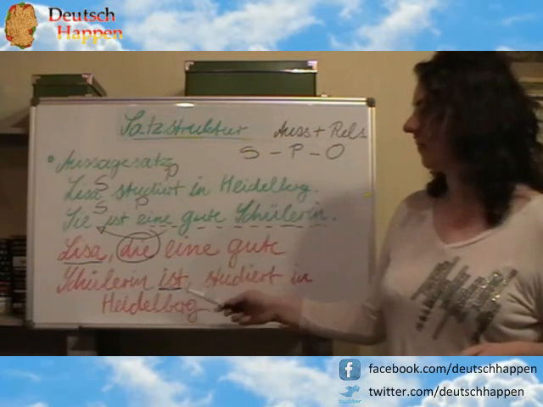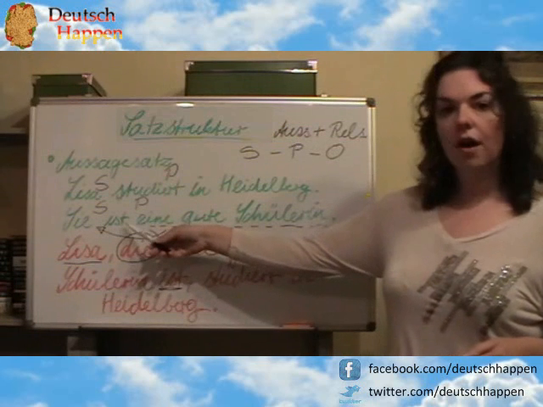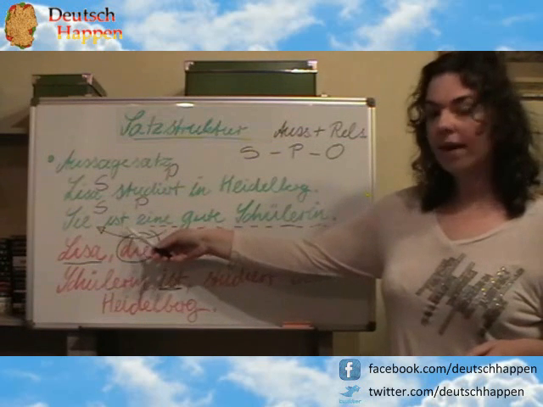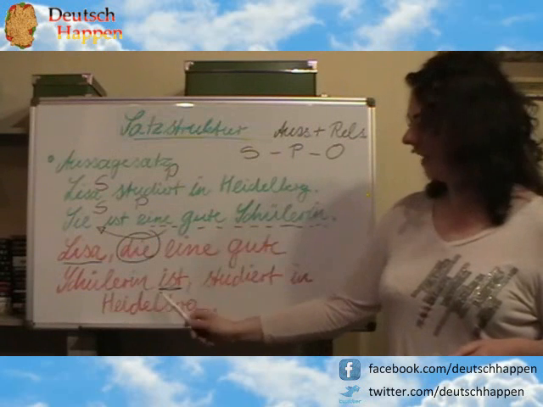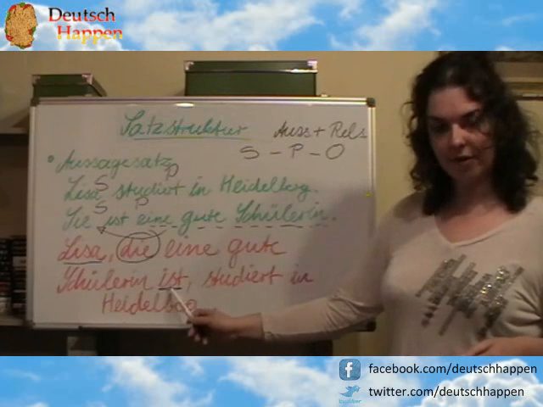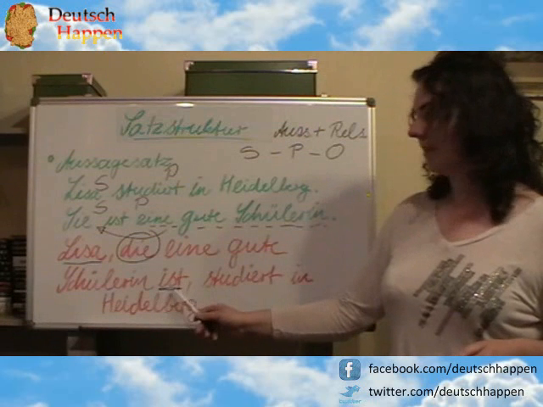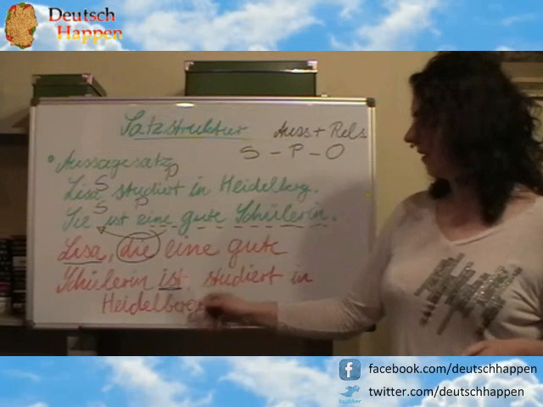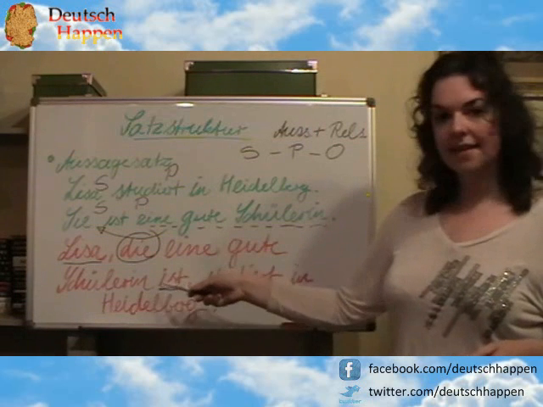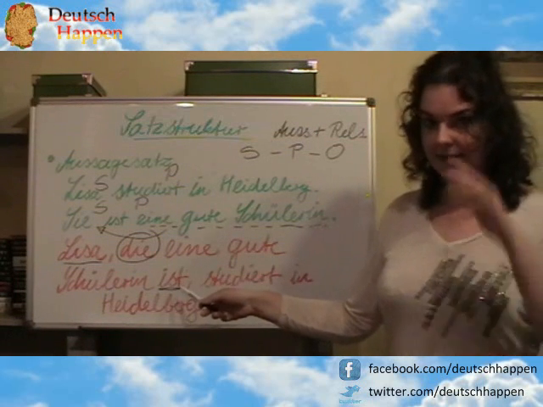Because what did we see? We say that normally the verb always comes in the second place. But, as you can see in the relative clause, it comes at the very last position. Okay? All the rest stays the same, but the verb goes last.